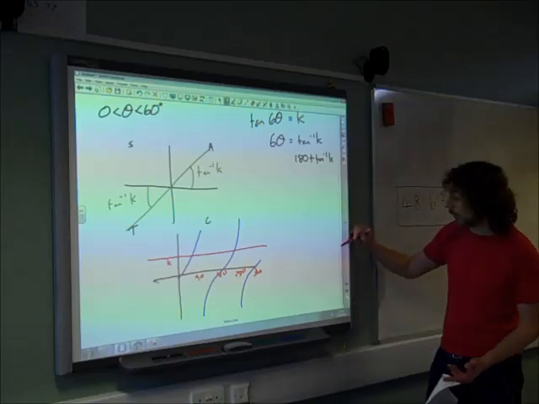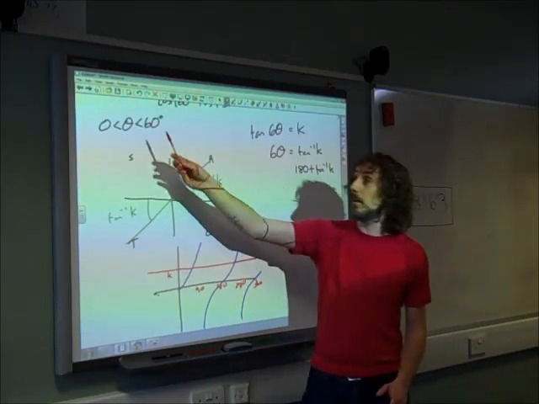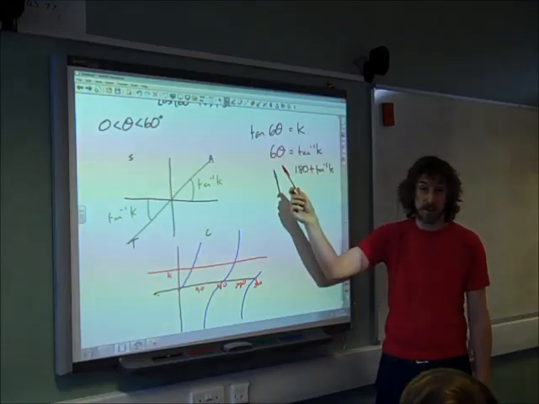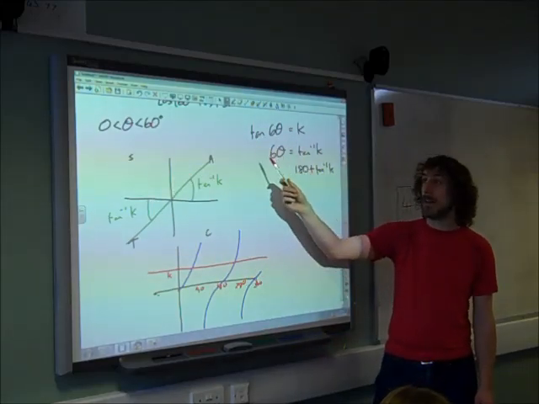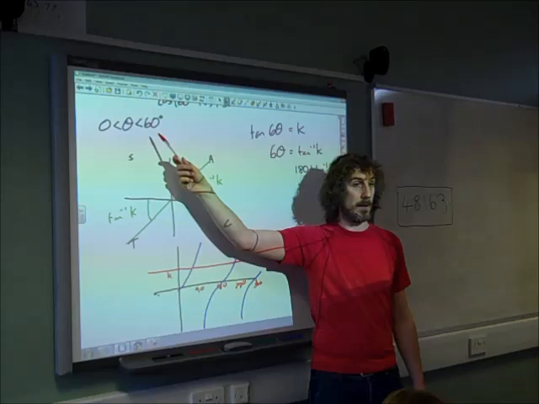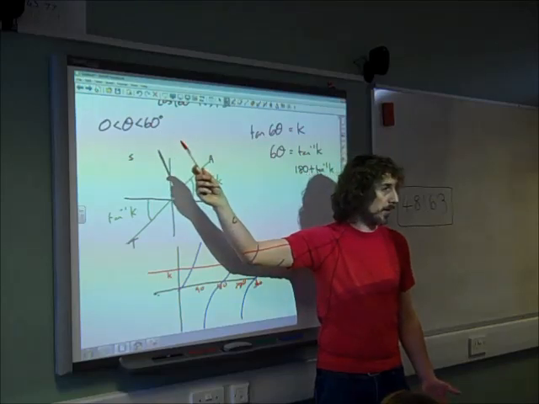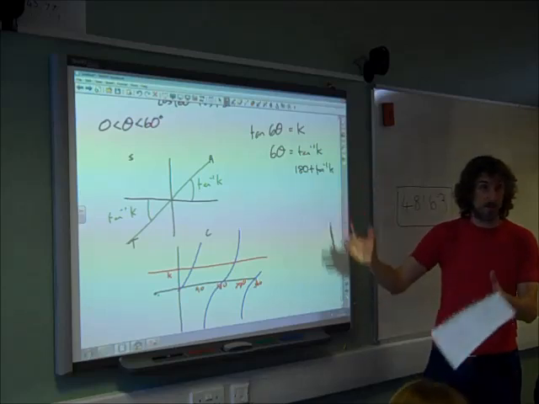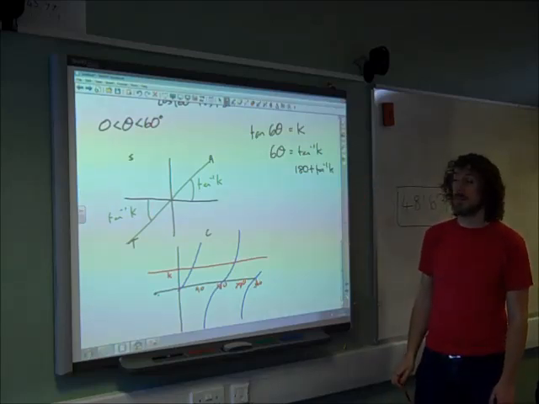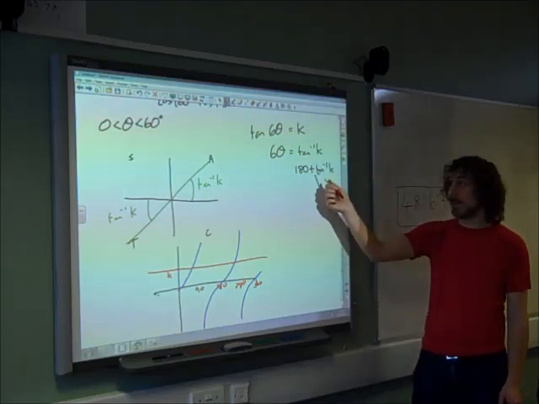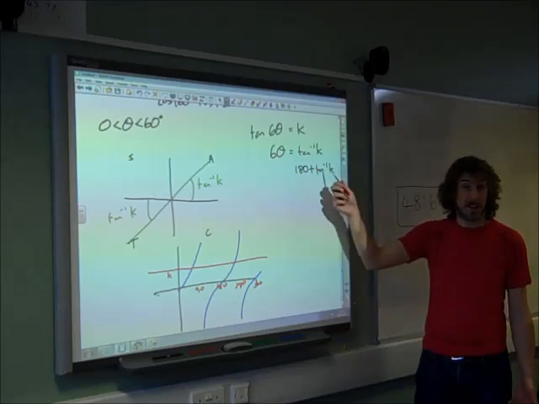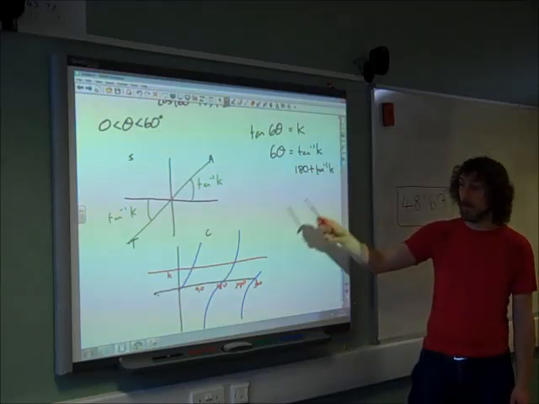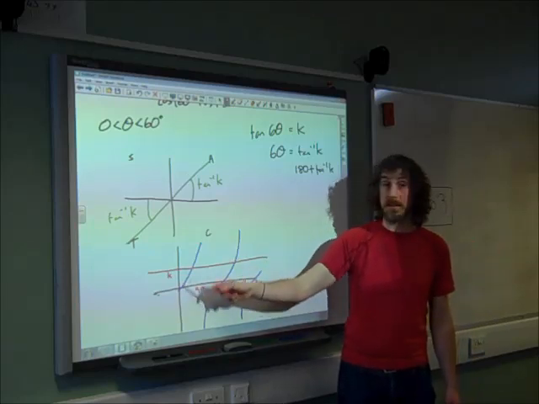Bearing in mind, because we've been told that theta is between 0 and 60, we need to consider all the solutions of 6 theta between 0 and 360. Does that make sense? Because if theta is between 0 and 60, 6 theta is 6 times that range. It doesn't matter what value k is, all that matters is it's a positive value, so it will give me something between 0 and 90 from my calculator.